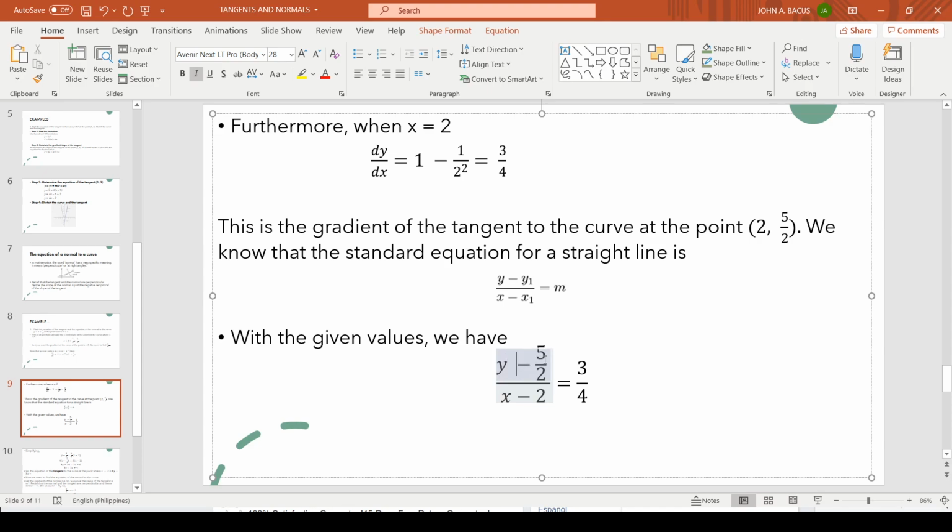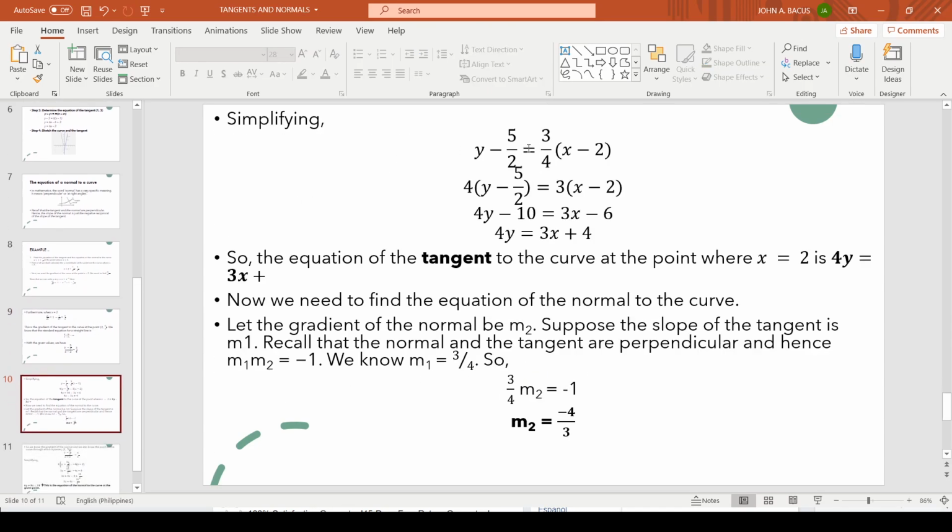So to find the tangent, simply substitute. You have y minus 5 over 2, which we solved earlier, the y coordinate when x is 2, all over x minus 2, given the point 2, is equal to the slope, which is 3/4. To simplify that, you will have this equation: 4y is equal to 3x plus 4.